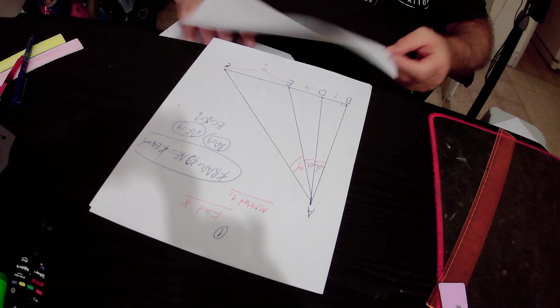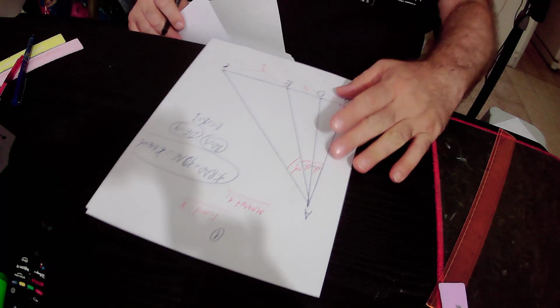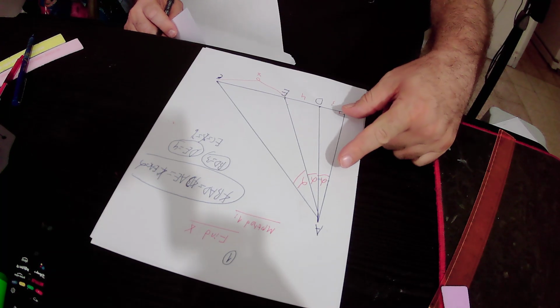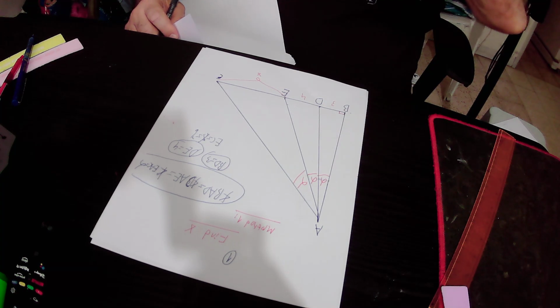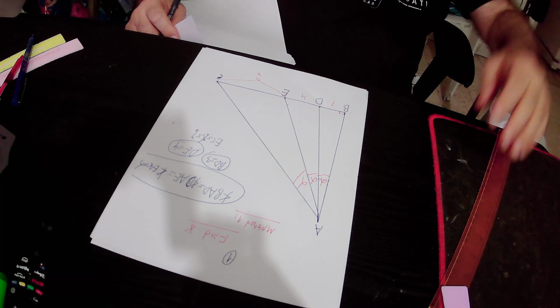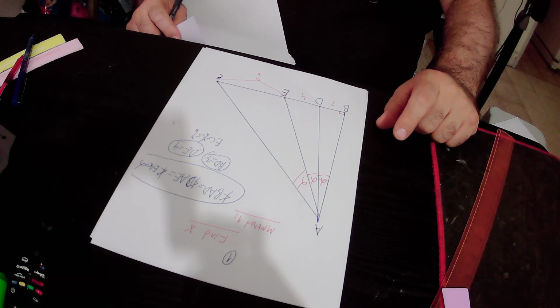so actually, as I've already told you, triangle ABE is a right triangle. Therefore, we can implement the Pythagorean theorem that states that the square of the hypotenuse equals the sum of the squares of the perpendiculars.